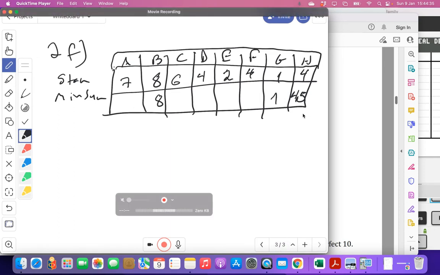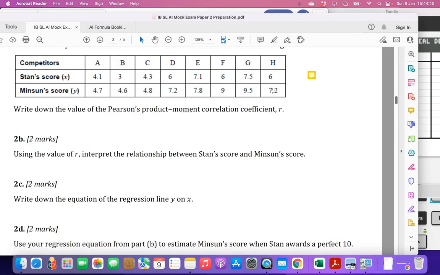Then we can see that for Min Sun, there looks like a tie score on H, which it is. It's tied together with this 7.2 here. So this is 1. Here's 2. 3 is 7.8. So 4 and 5 tied. That gives 4.5 for D. And then so on, 4 and 5, so 6.